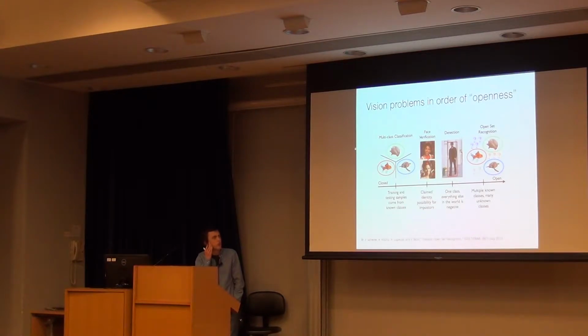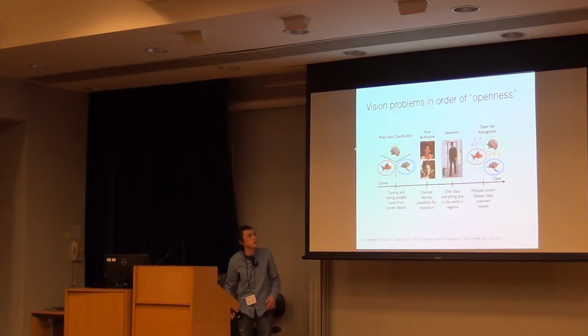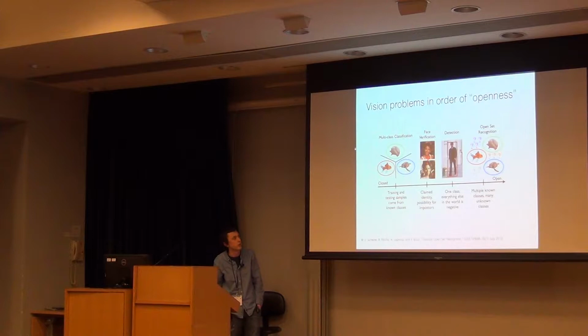So to make this a little bit more concrete, let's consider a bunch of different computer vision problems categorized by openness. So here on the left of the slide, we see the closed set regime. Again, familiar classification where maybe we get 3 different classes and we have to separate examples from these classes, and all of the training and testing samples are going to come from those known classes.